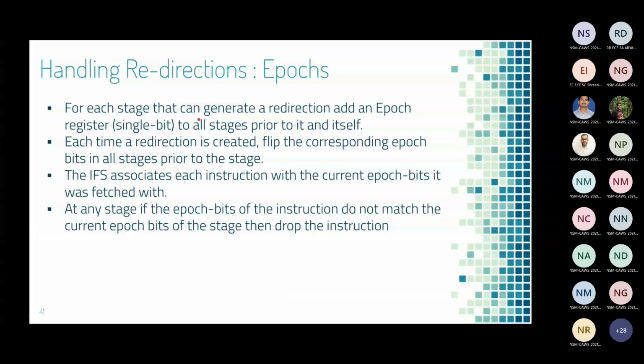When the stage's epoch bit flips, in each stage you're going to check, hey, what is my current epoch bit? And what is the epoch under which this particular instruction was fetched? If they match, only then perform the relevant operations of that stage. Else, just drop that particular instruction. Don't perform any operations in any of those stages. Right?